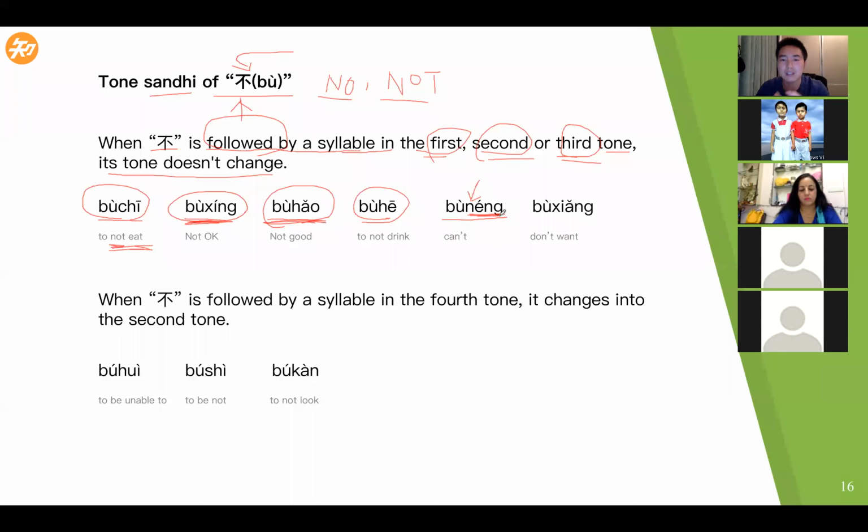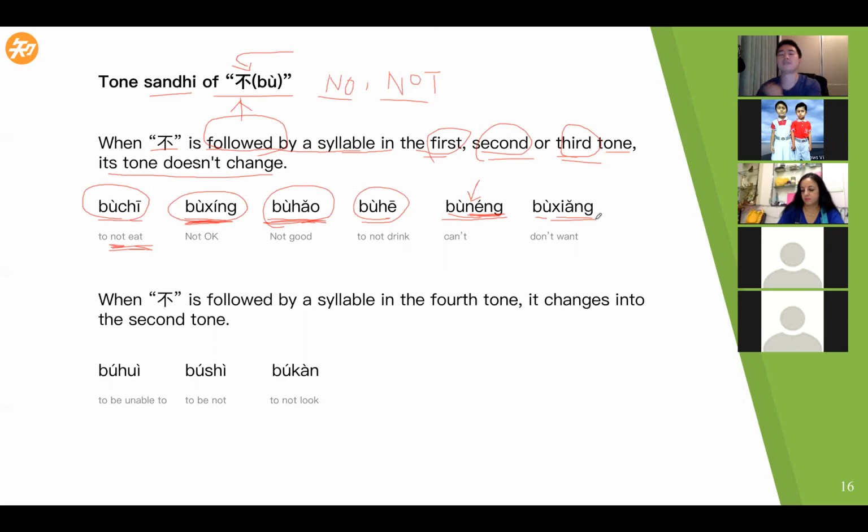And the final is ung. So ne, neng, like this. Then in the second tone, it becomes néng. So it's 不能. Now, Sarah, read after me. 不能. 不能. Okay. The next one. Good. Yes, that's correct.